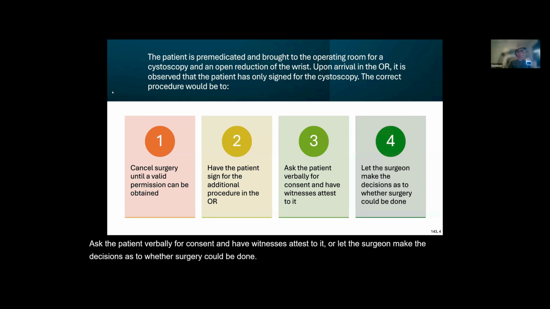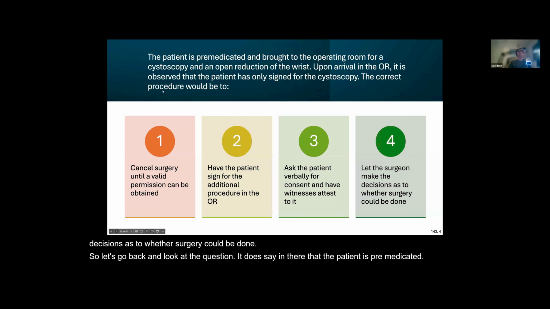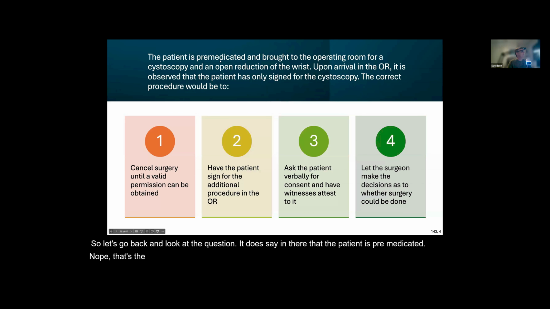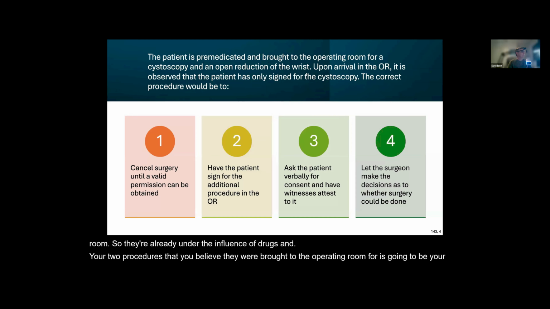So let's go back and look at the question. It does say in there that the patient is pre-medicated, and that they were brought to the operating room. So they're already under the influence of drugs. And the 2 procedures that you believe they were brought to the operating room for are your cysto and your open reduction.